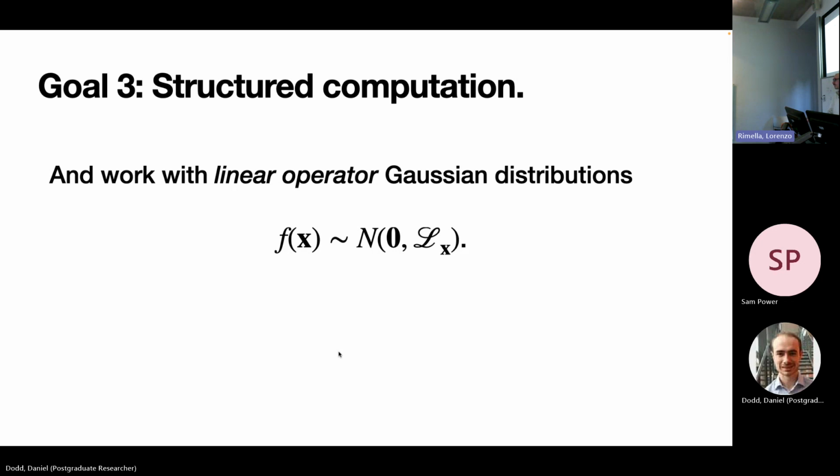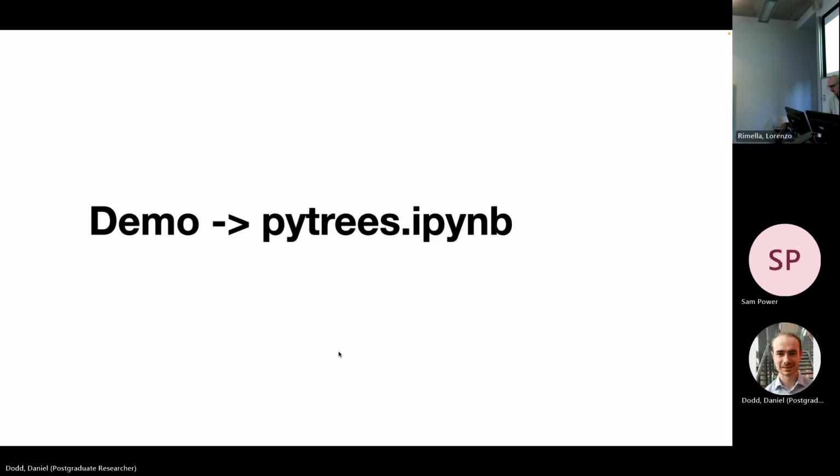This is not necessarily a new idea; TensorFlow Probability supports some linear operator multivariate Gaussians, but it still hasn't been developed extensively enough for a lot of GP modeling situations.